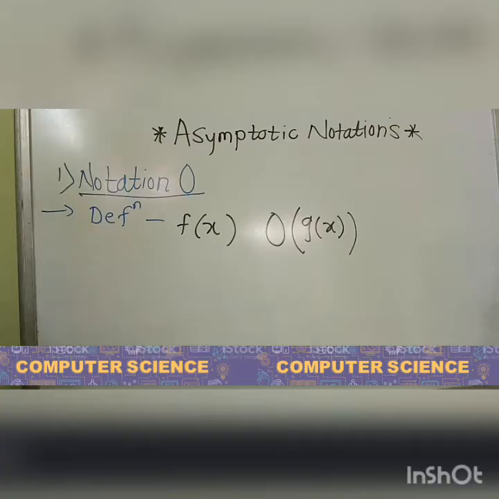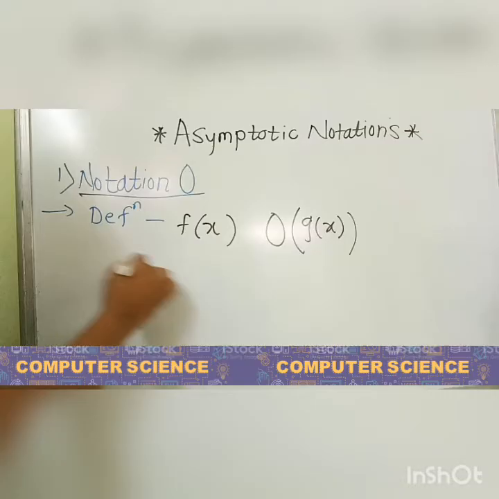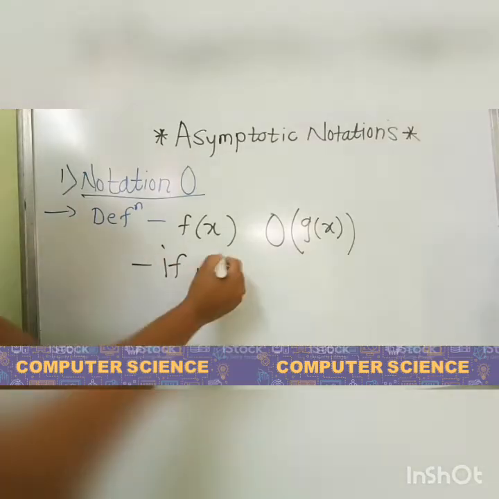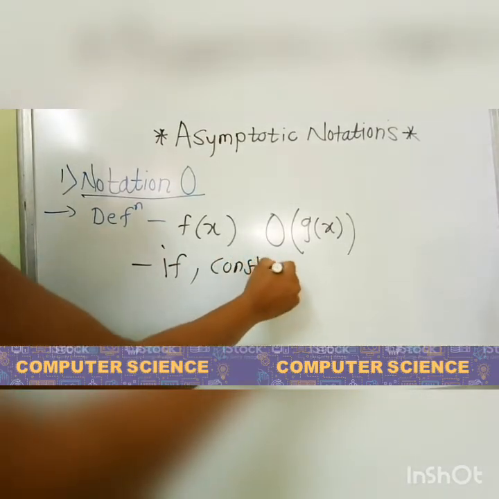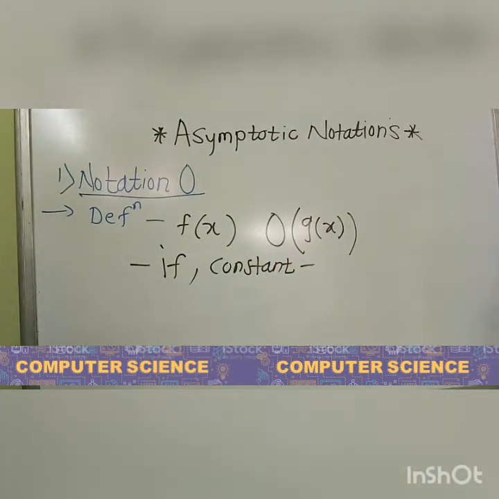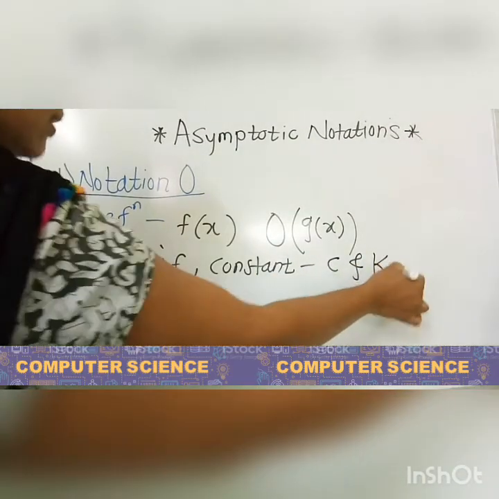We are studying these notations in terms of f of x and g of x, which you studied in 11th standard mathematics. So f of x is said to be big O of g of x if there exist two positive integer or real constants, c and k.